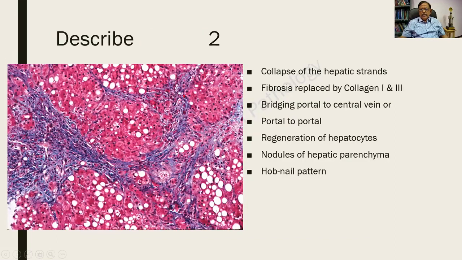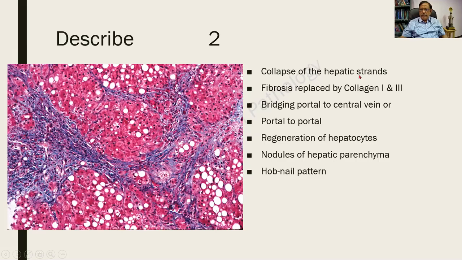And look at this, compared with one of the original pictures, I showed you the sinusoids, but here I am not able to see anything. And these are all strands. A special stain, the Masson trichrome, has been used. I am able to see the blue colored collagen. And these are all various nodules of the parenchyma. There is a little bit of residual fatty change that is seen.